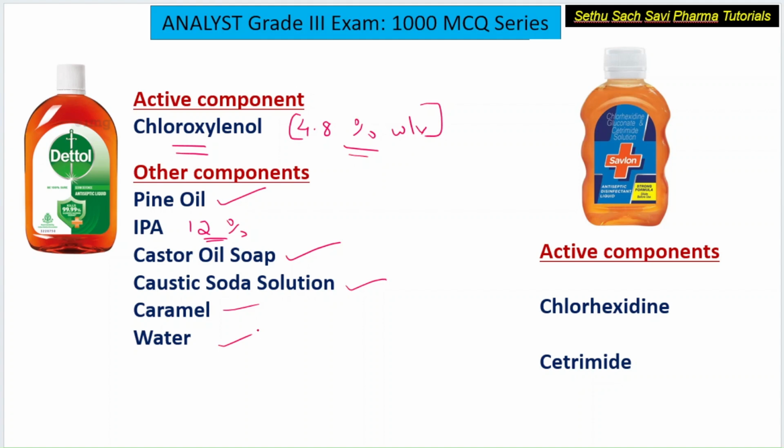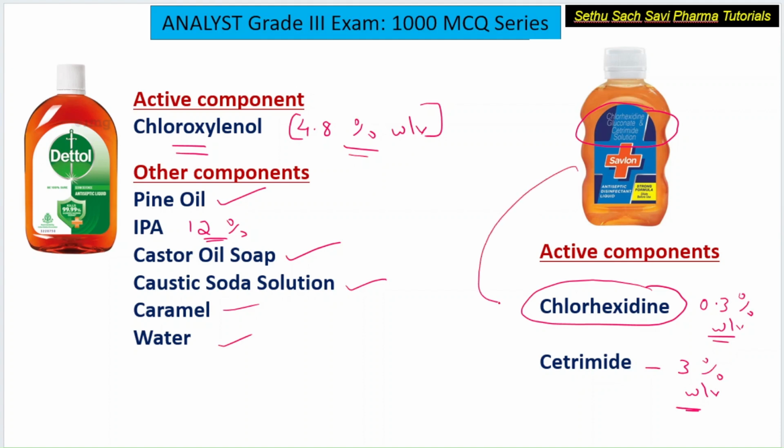When it comes to Savlon, the most important component is chlorhexidine, used at 0.3 percent weight by volume, and it also contains cetrimide. You can see on the bottle itself that they have written chlorhexidine gluconate and cetrimide solution, used at 3 percent weight by volume. So in Savlon the important component is chlorhexidine.